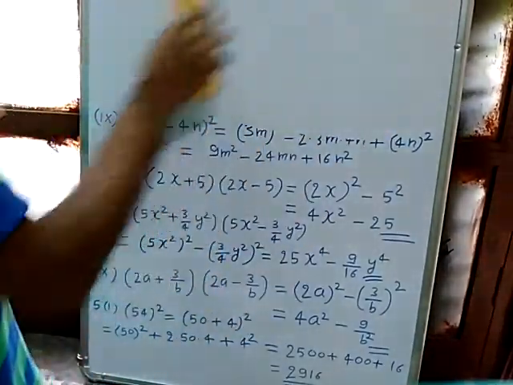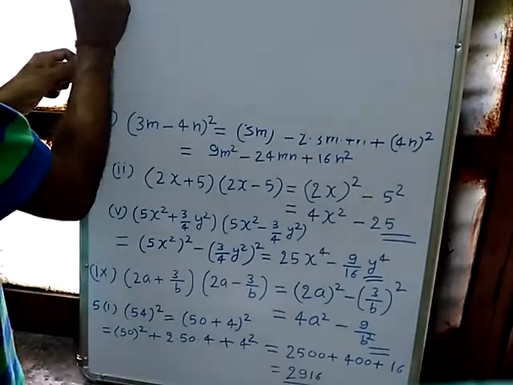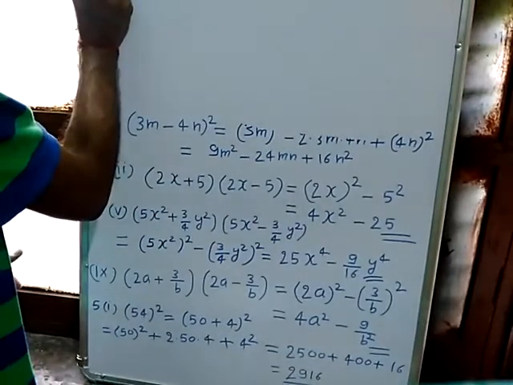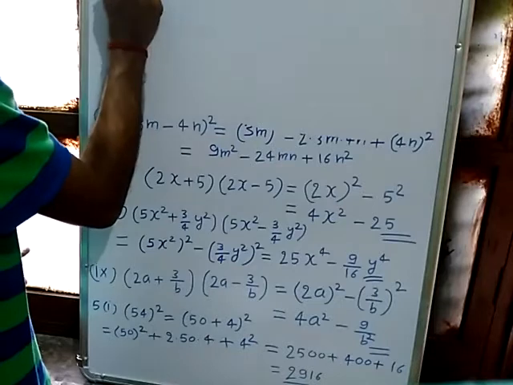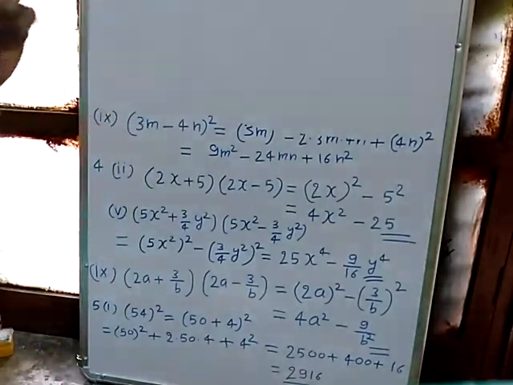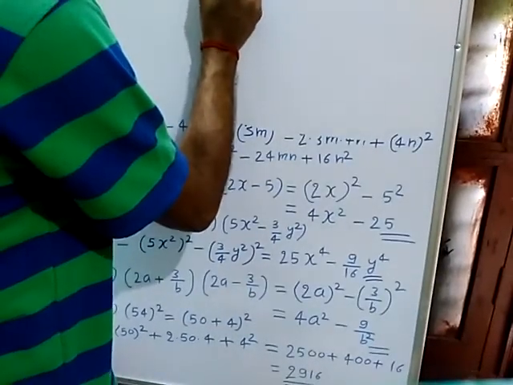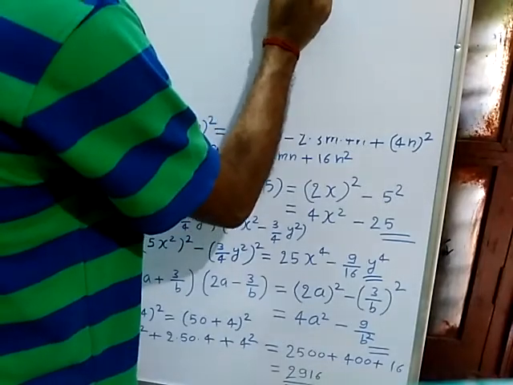It is given, find the value of 704 its whole square. It is the fourth part of question 5. Again, it is near about 700, so you can write 704 as 700 plus 4 the whole square.